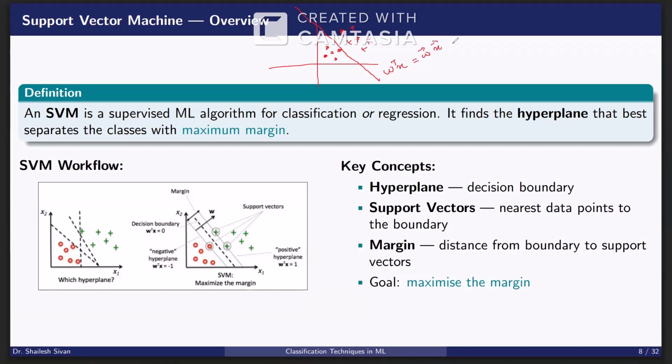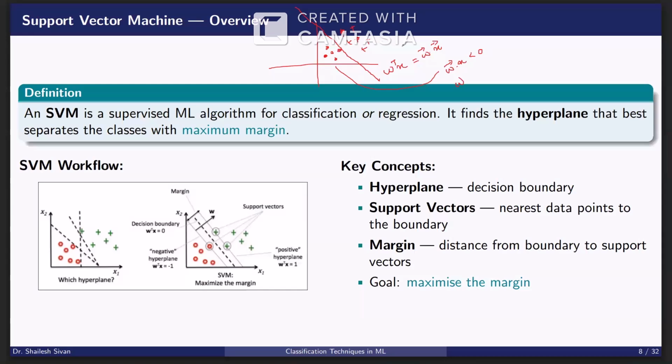We are finding a what? A hyperplane over here. Then, if you substitute a point over this region, what will happen? If you substitute a point here, W transpose X will be less than 0.